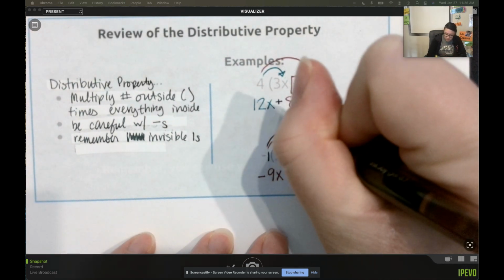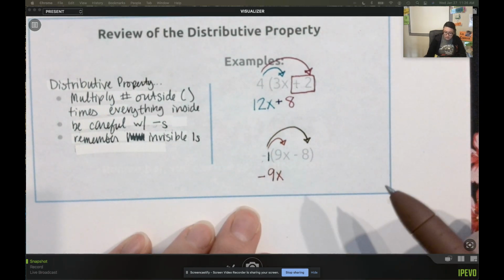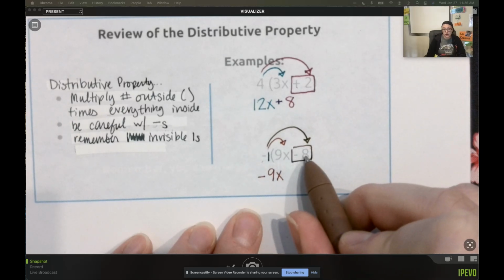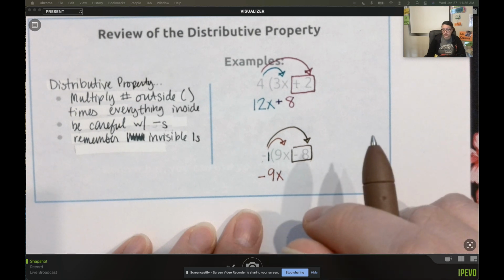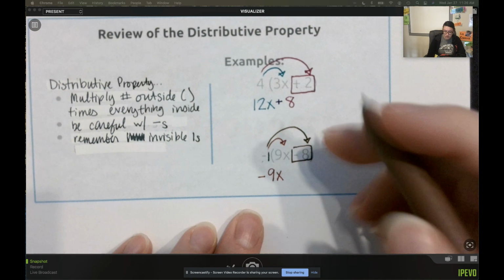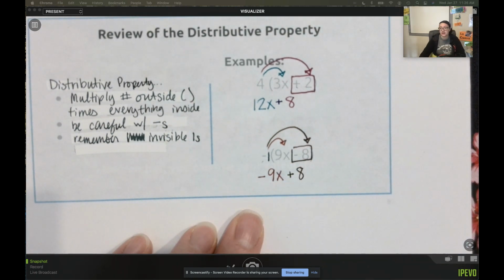Then I need to multiply times everything on the inside. Now I need to do -1 times -8. That minus sign in front tells me that that's a -8 I'm multiplying. A negative times a negative gives me a positive. So -1 times -8 gives me a positive 8.